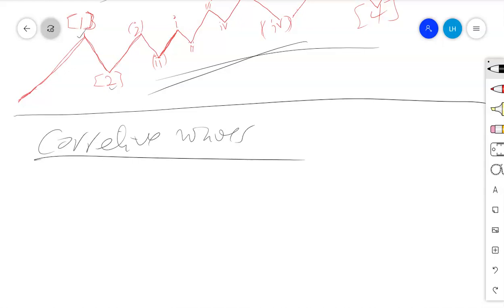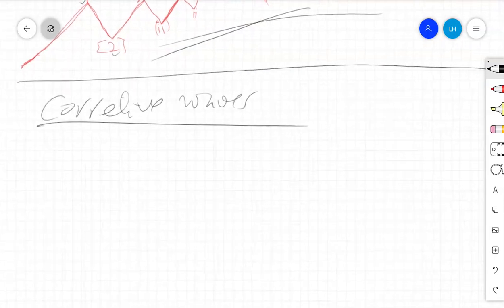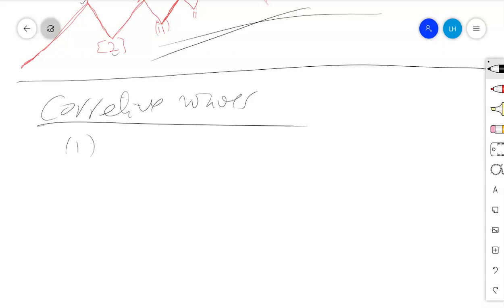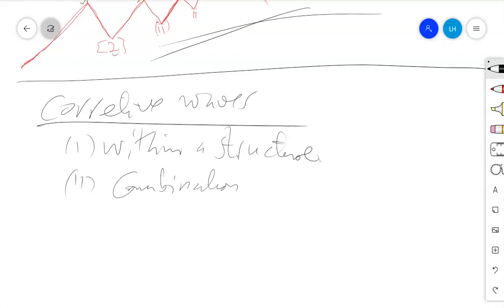Within corrective waves, alternations are of two types: we have alternation within an individual corrective structure, and the second, alternation within a combination.